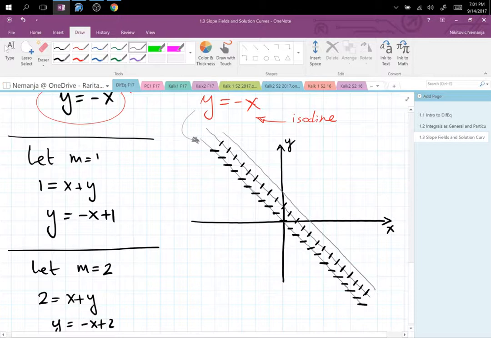So here is the isocline of negative x plus 2. Maybe I can label negative x plus 1, negative x plus 2, so we know which one is which. And now the slope 2 is going to slope more.